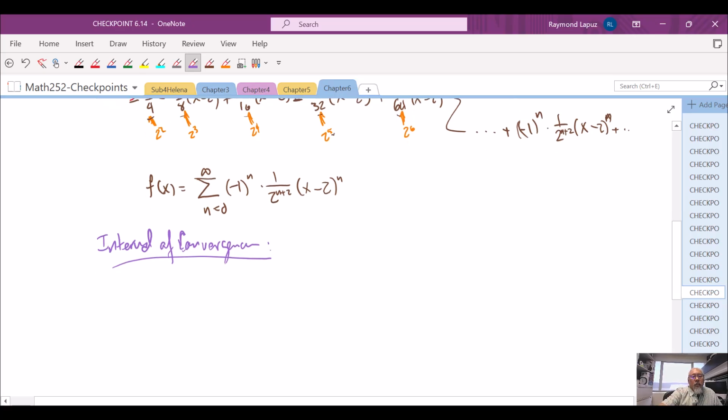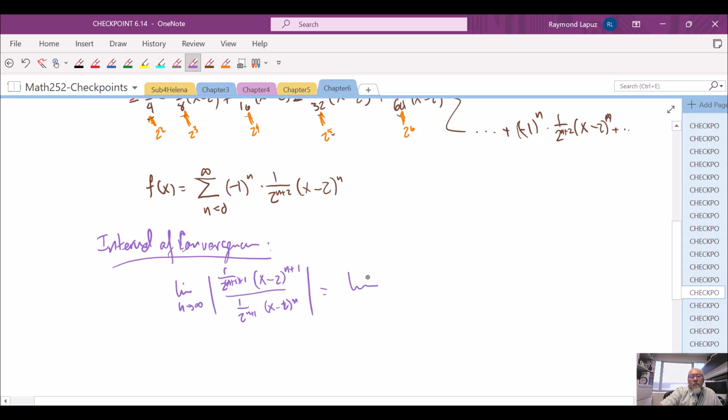All right, for the ratio test, we're going to take the limit as n goes off to infinity. We're going to ignore the negative because we're going to need the absolute value. And then we'll have 1 over 2 to the n plus 1 plus 1. So we're looking at the n plus first term, so that's 2 to the n plus 2, x minus 2 to the n plus 1, all over, I'm sorry, that's 1 over 2 to the n plus 1, and then x minus 2 to the nth power.